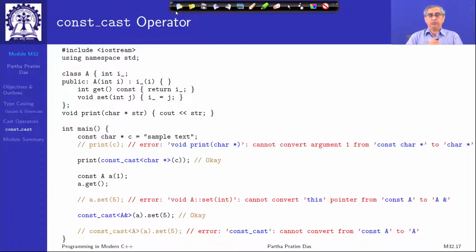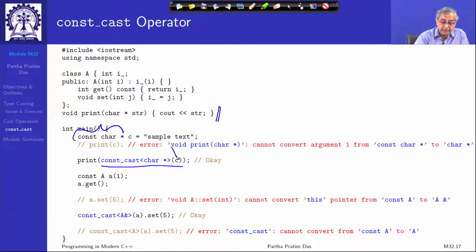Now, I know from the documentation of this library that this print function does not do any harm to the string which is passed. So, it is okay to pass a constant string. What I do is strip the constness. What was the type? It was const char star.